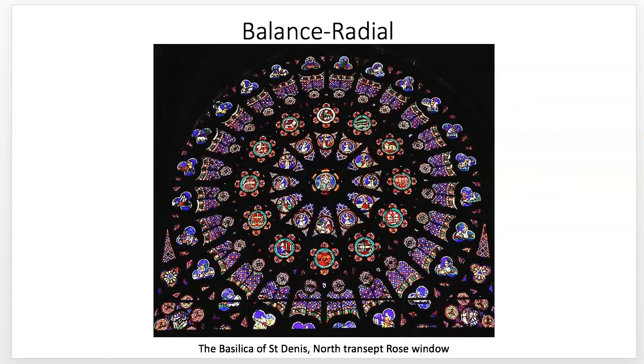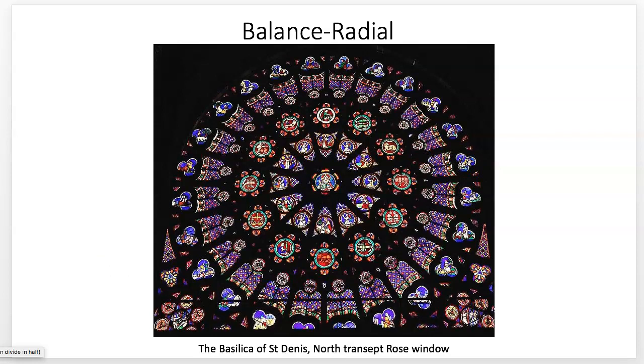It's important to say here, this isn't exactly separate from symmetrical or asymmetrical. This would be radial balance, but it's also symmetrical radial balance because it's all coming out from one point and it's all the same everywhere. You could have a radial balance that would be asymmetrical if it was coming off from a different point. It'd be asymmetrical radial balance, right?